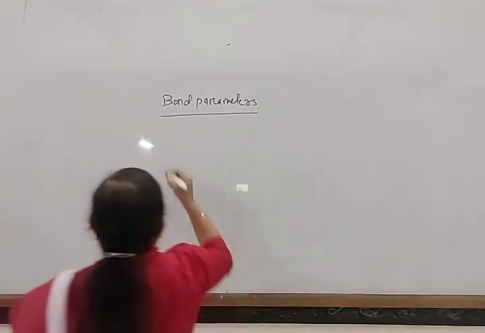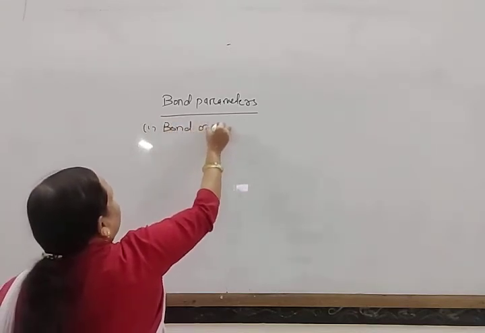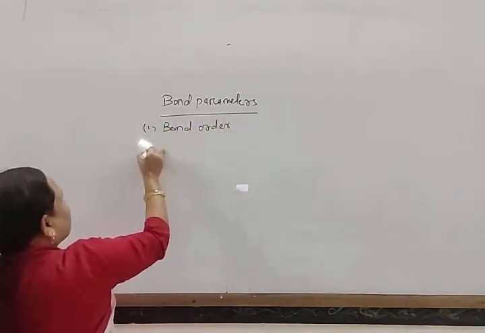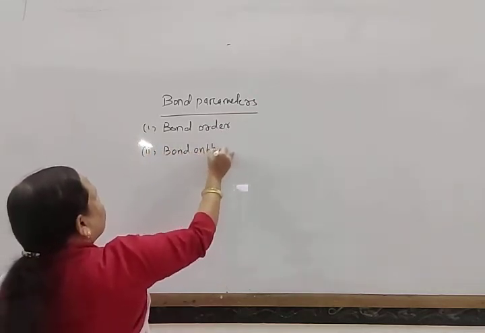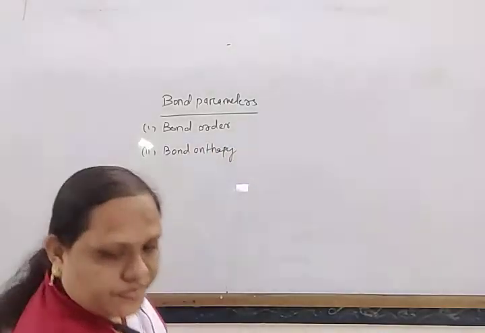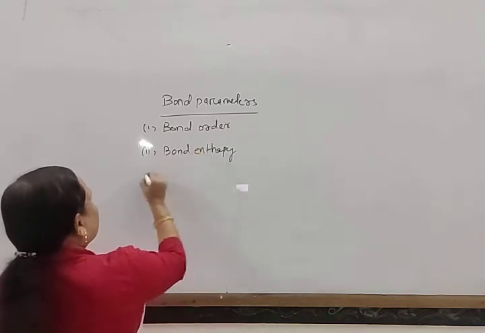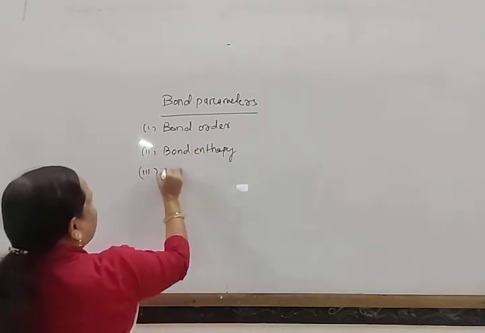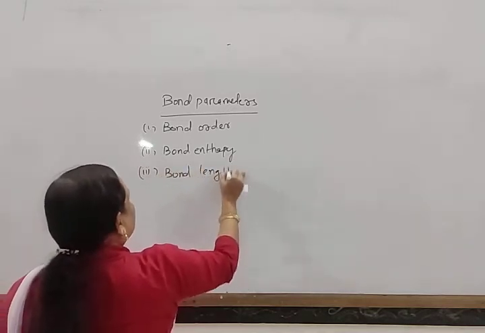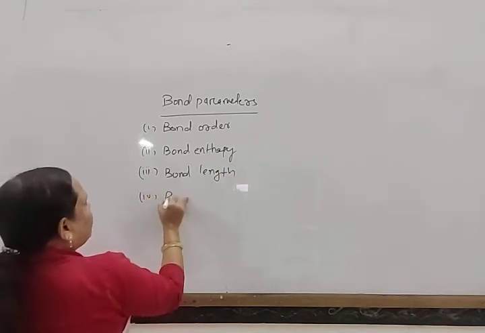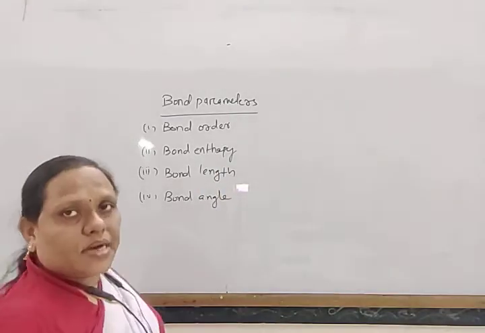For example, bond order, bond enthalpy, bond length and bond angle. So these are the four parameters.